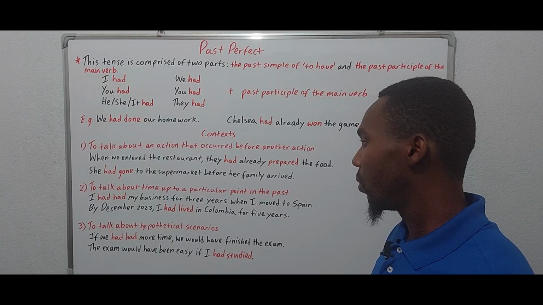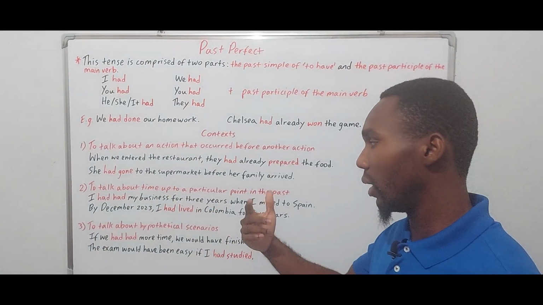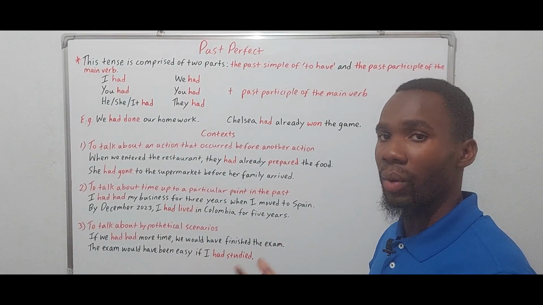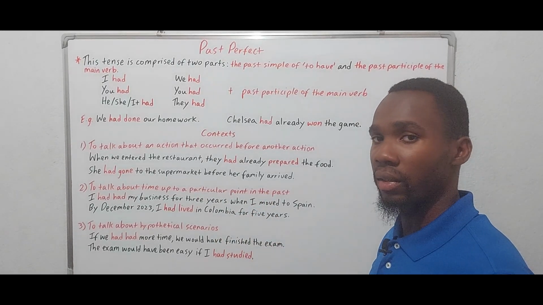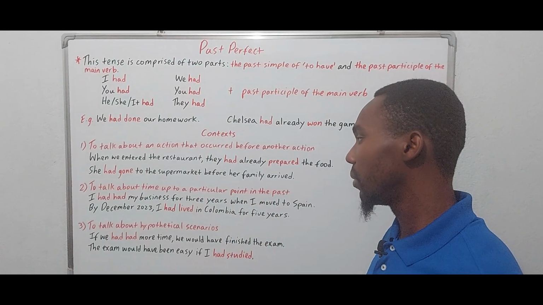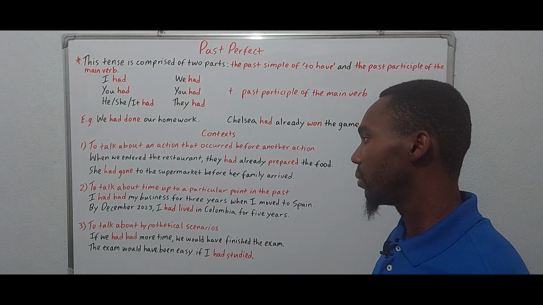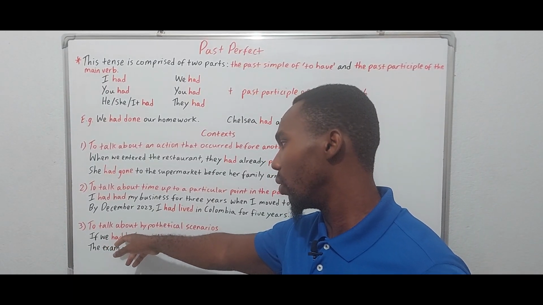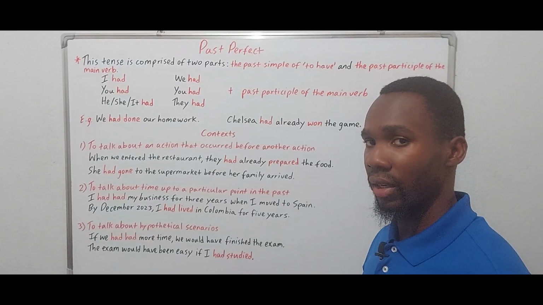Now, we could actually remove the if and just say had we had more time. So we can actually phrase it like a question, and that would also be a hypothetical. Had we had more time, we would have finished the exam. But obviously, the subject would go between the two hads, right?